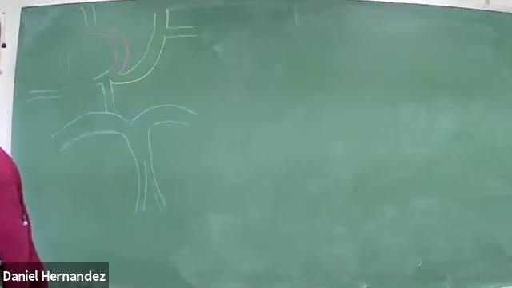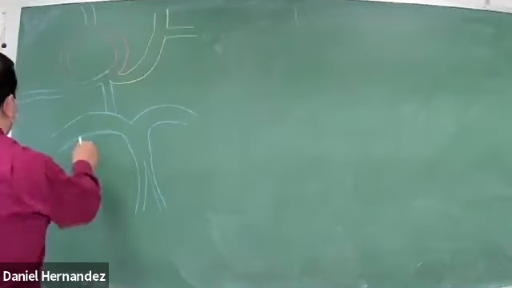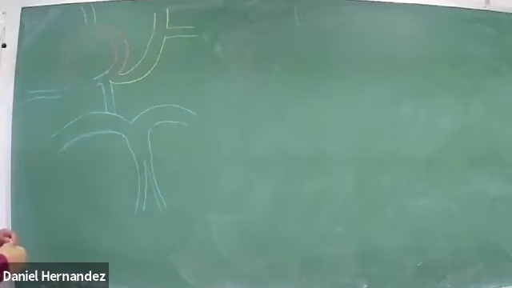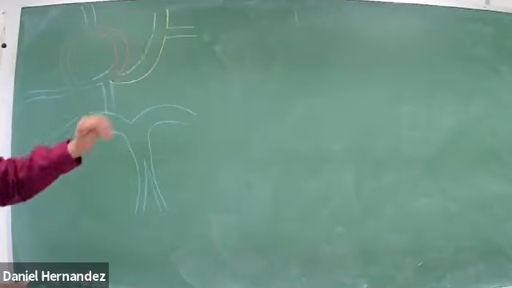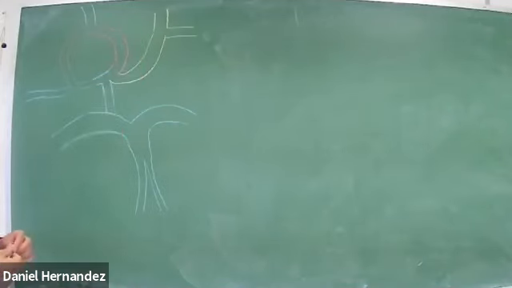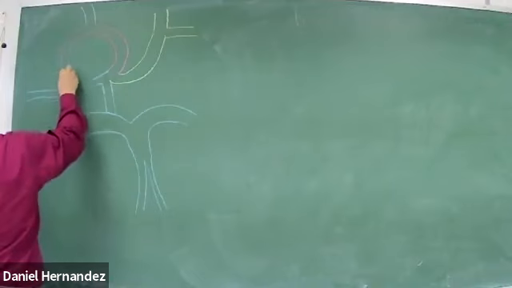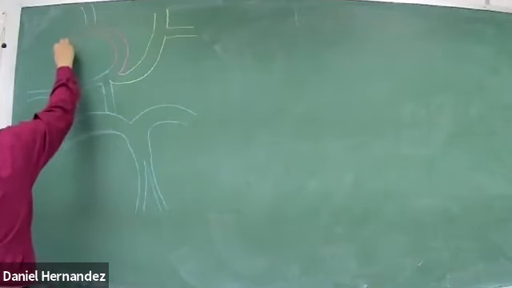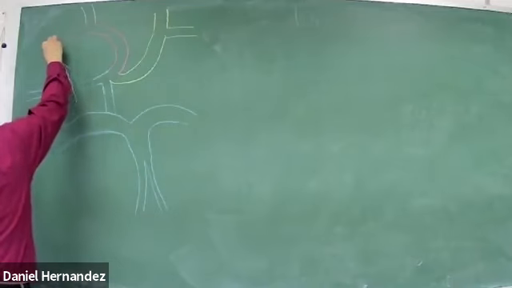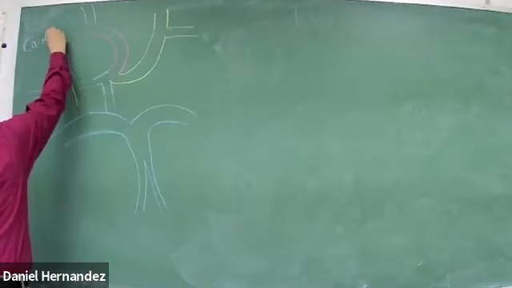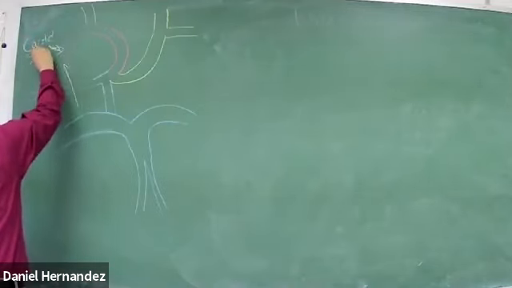If we go to our picture of our circle of Willis, we have our internal carotid arteries coming up and doing a loop around. There are several segments to these vessels that can be broken up a little bit further. Blood flow is coming up this way. This segment is considered our carotid sinus.